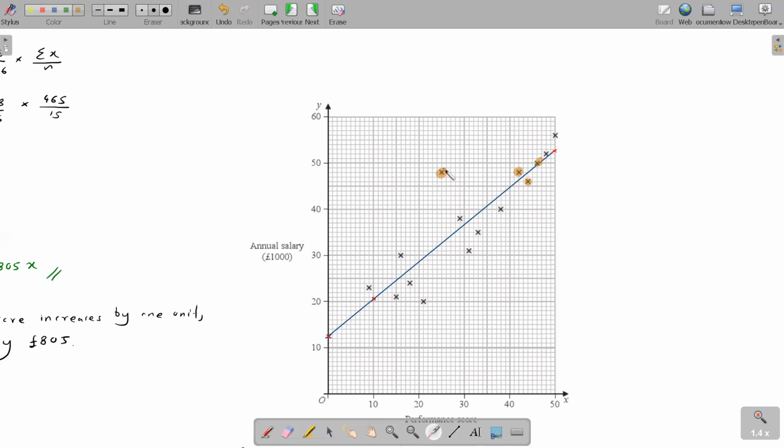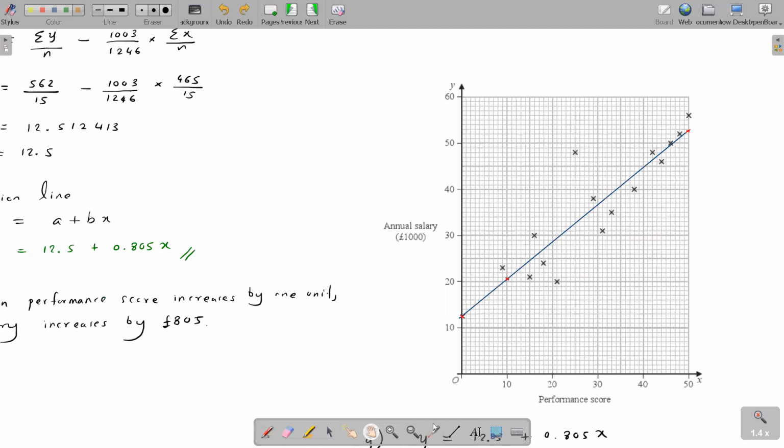Understood? So then who is the underperforming person? This guy. So this is the underperforming person because with respect to the other people who get the same salary, his performance is comparatively low. So then write the point. What's the point? 25, 48.